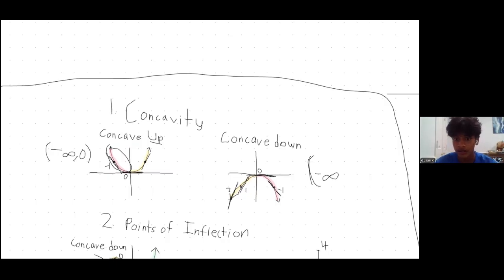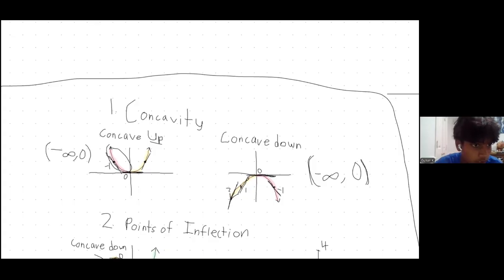At zero, since that's our vertex, that's also not going to be included because the graph isn't increasing or decreasing here. So if I asked you where this graph is increasing at a decreasing rate of change, you would say negative infinity to zero, both non-inclusive with parentheses.